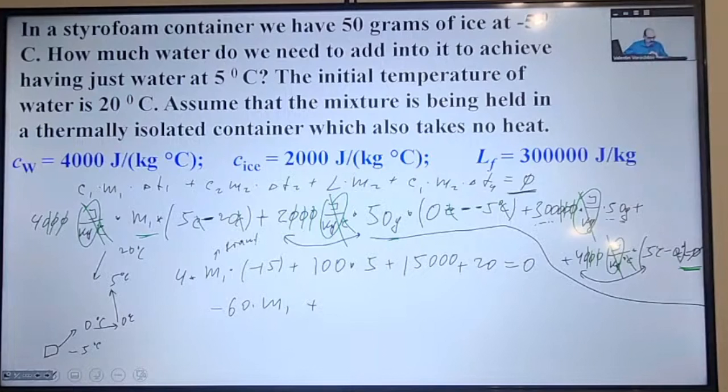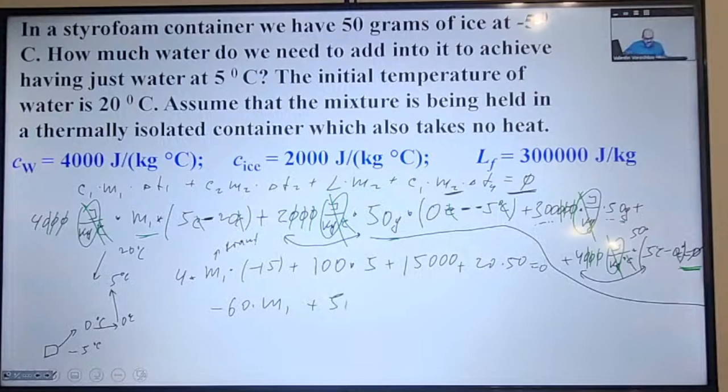I forgot to write mass right here times 50. This is M2. I forgot to put it between C and delta T. So that's not going to be 20. That's going to be 20 times 50. That whole thing is equal to 0.